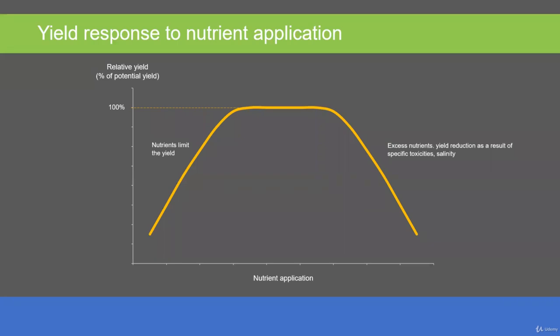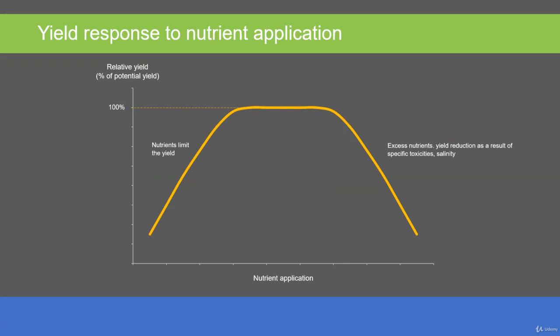This is how the crop yield responds to nutrient application. What we see over here on the y-axis is the relative yield, percent of the potential yield, and the nutrient application rate, or the availability of nutrients.